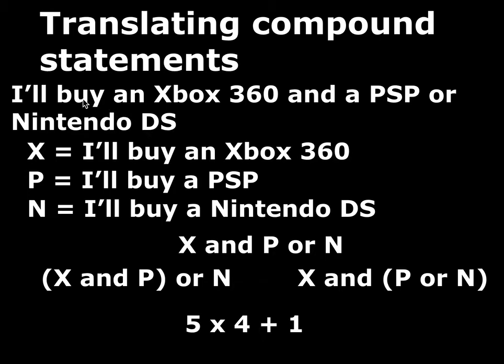Do you mean that you're going to definitely buy a 360, and then in addition to that, you're going to buy one of these two? Or are you saying that you're considering two options? One option is a 360 and a PSP, and the other option is just a Nintendo DS. Right? You might have to clarify, get them to add something. But as it is, this could mean either of those things.